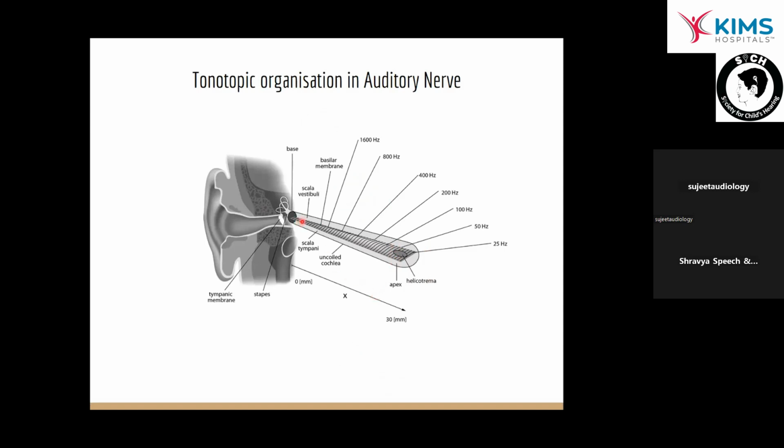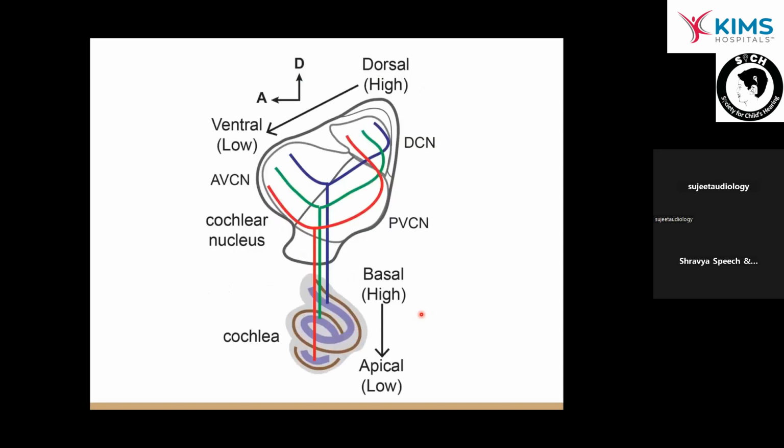The neurons connected to the basal region will process the high frequency sound. There is no logic behind that. Do the auditory neurons have a tonotopic organization? No, they don't on their own. The tonotopic organization in the entire auditory system is maintained by your basilar membrane.